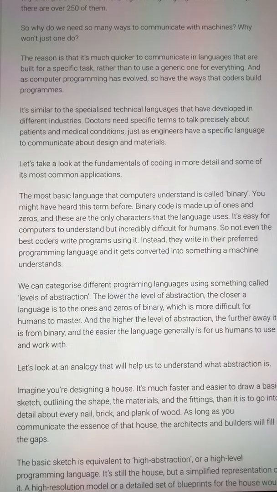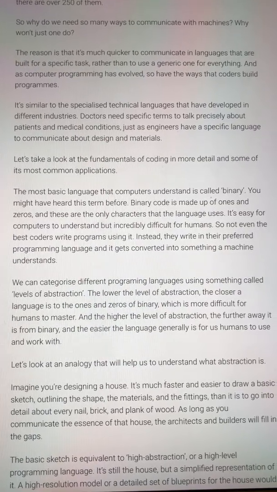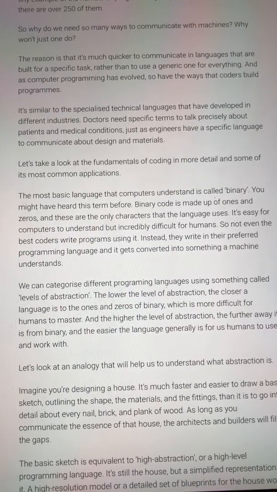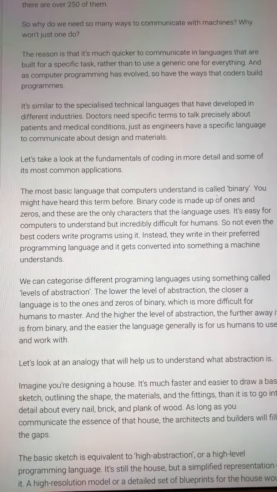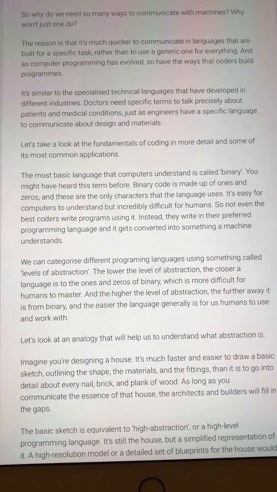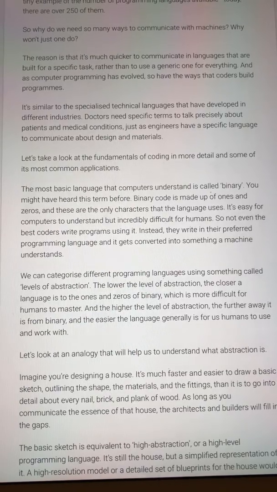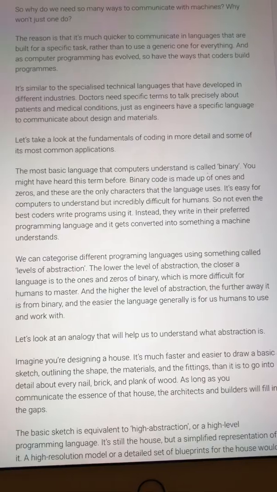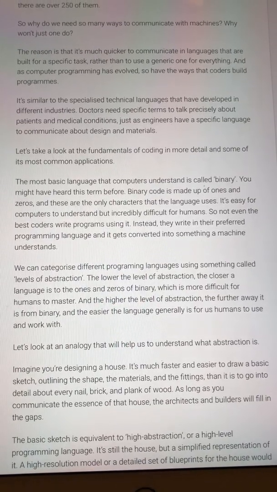Doctors need specific terms to talk precisely about patients and medical conditions, just as engineers have specific language to communicate about design and materials. So let's take a look at the fundamentals of coding in more detail and some of its most common applications.